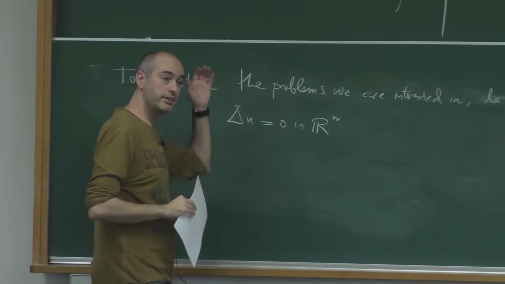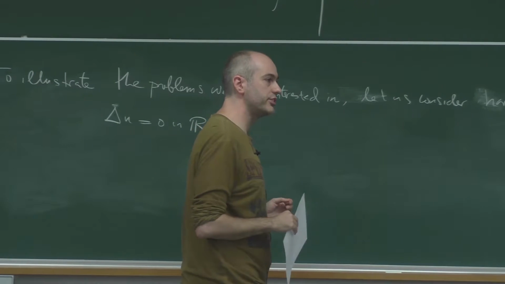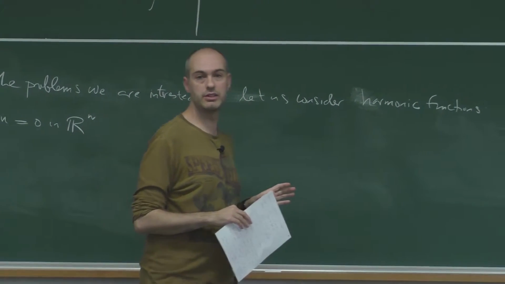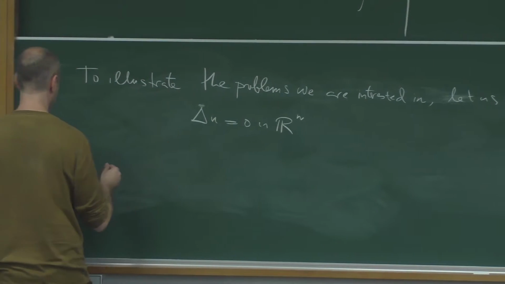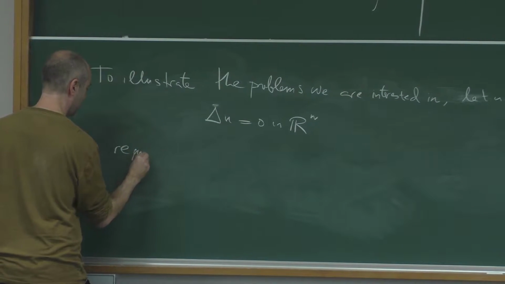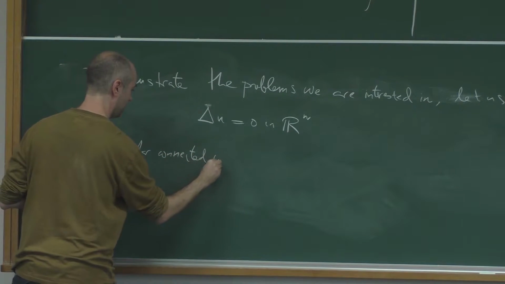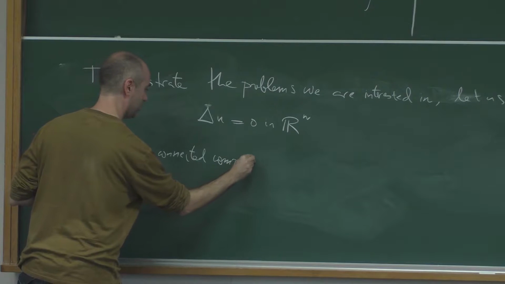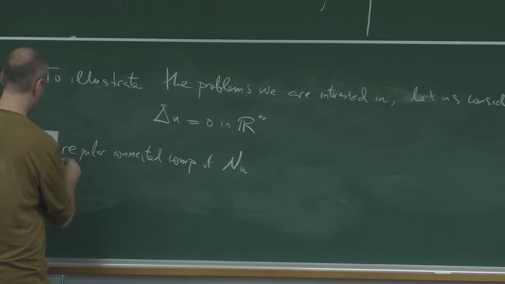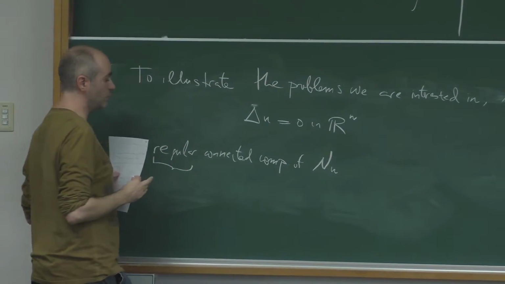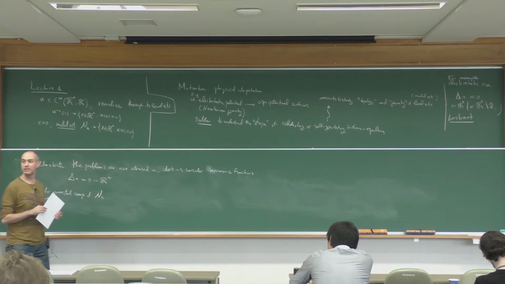Okay, and I want to understand, for example, which properties a regular connected component of the nodal set N of u, the zero set, has. And regular, as usual, the regular set of a function is a set where the gradient doesn't vanish.